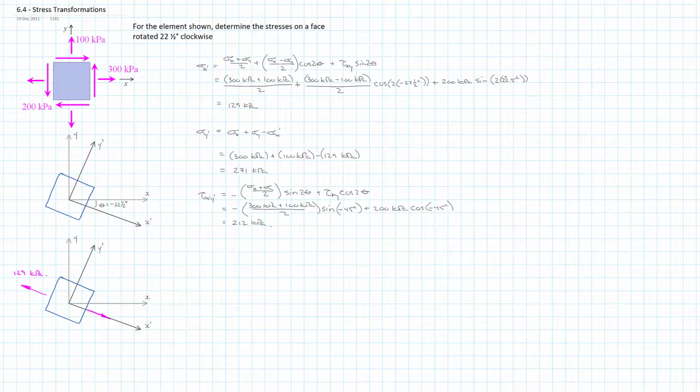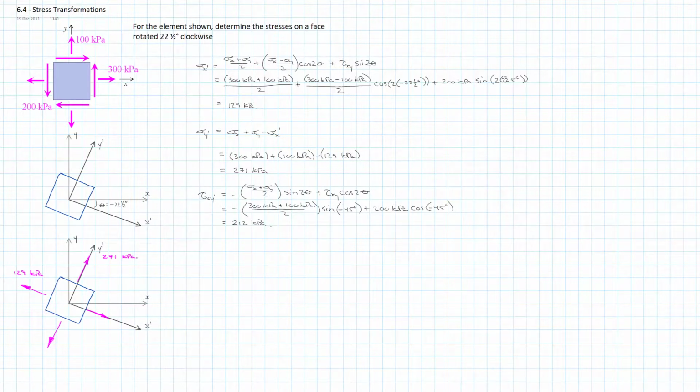Y prime is positive 271, so that implies tension. So in the y prime direction and the negative y prime direction, we get 271 kPa. And our tau x prime y prime is also positive.